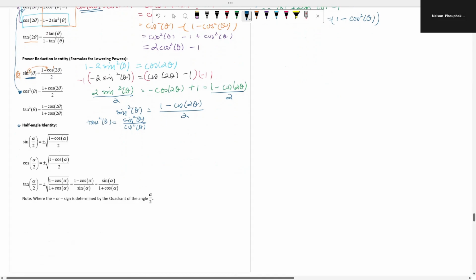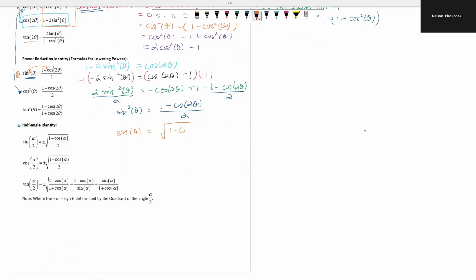The last is how I get the half angle identities. Let us get it from sine square theta equal to 1 minus cosine 2 theta over 2. In this case, if I want to solve for sine of theta, I can take the square root of both sides of the equation.